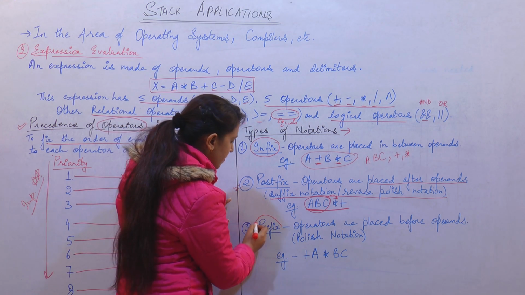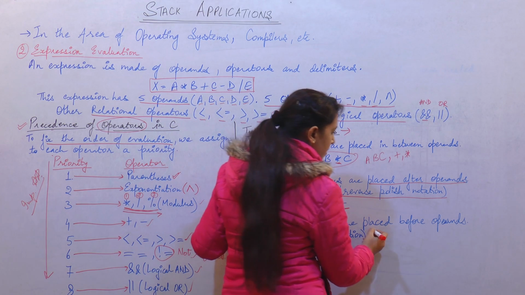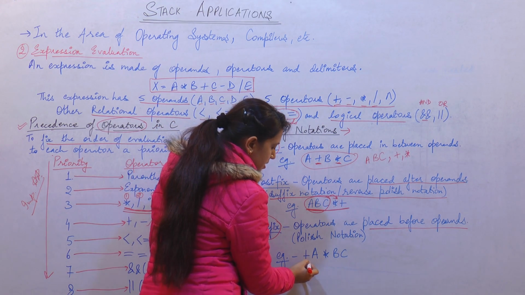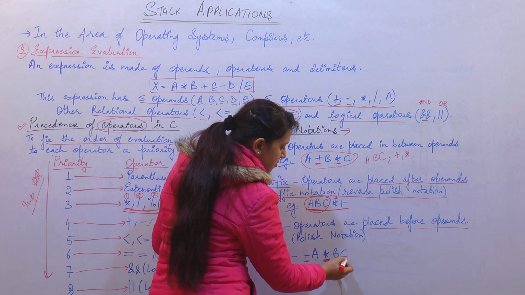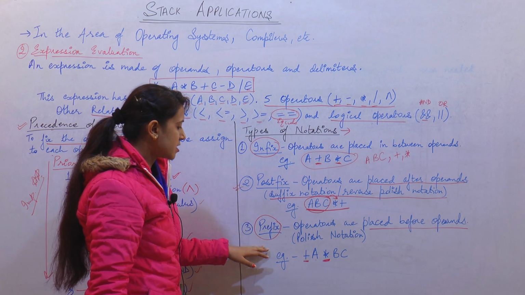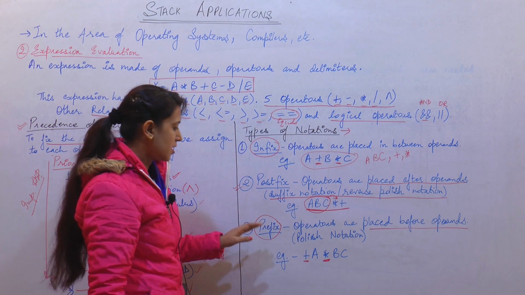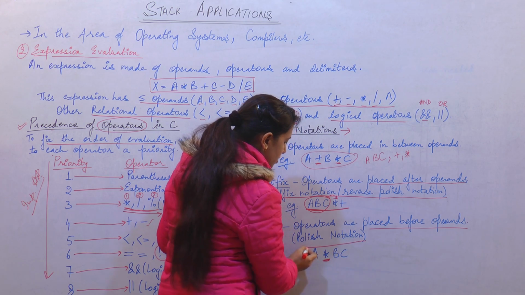This name itself gives the meaning. The example is this operator is placed before operand and multiply operator is placed before the two operands B and C. So prefix means operators are placed before the operands, and the other name of prefix notation is Polish notation.